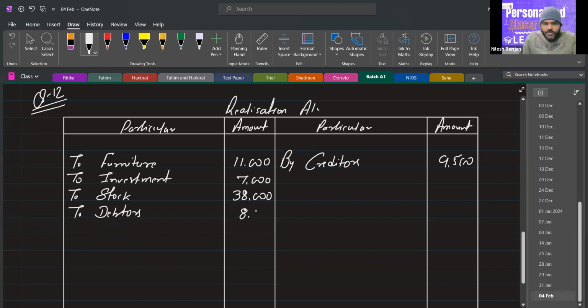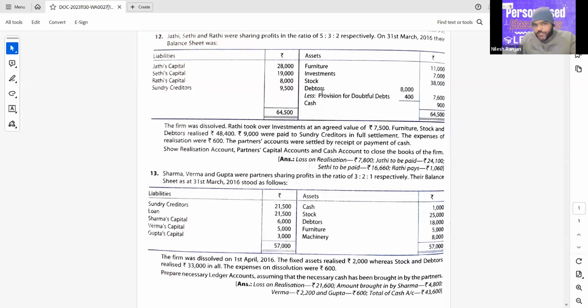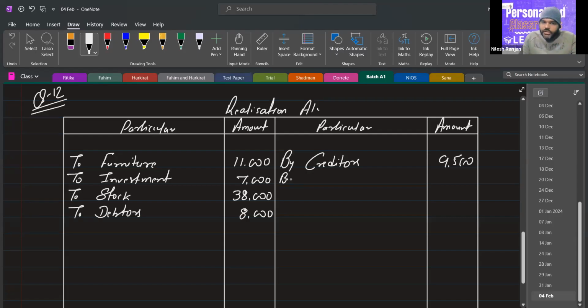Debtors 8,000. I told you that we have to write the gross value of debtors, not the net value. 7,600 will not be written. It will be written as 8,000 and 400 will be written on the credit side. Okay.